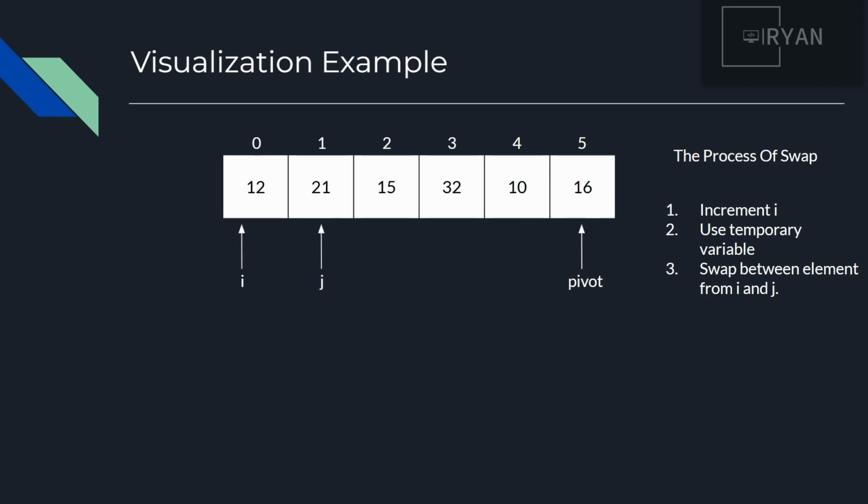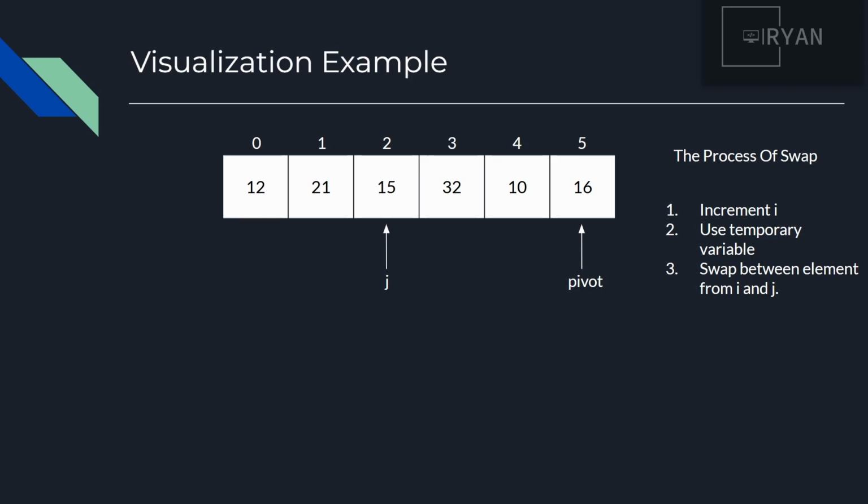J gets incremented. We compare 21 to 16. It does nothing because it doesn't satisfy our conditions. J gets incremented. I will still stay at its position, which is 0. Okay, we check 15 against 16. 15 is less than 16.